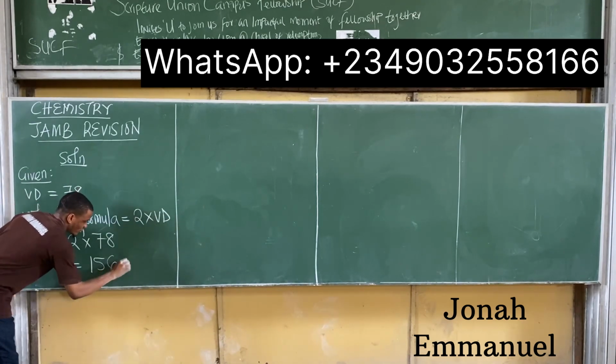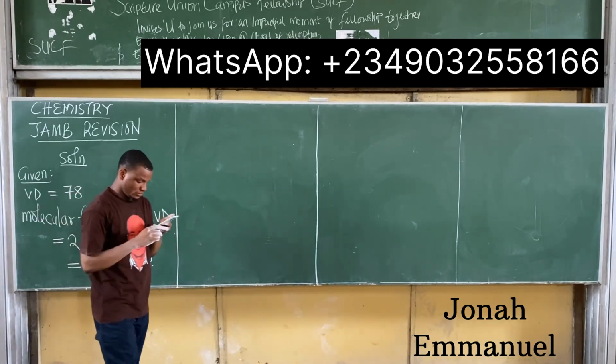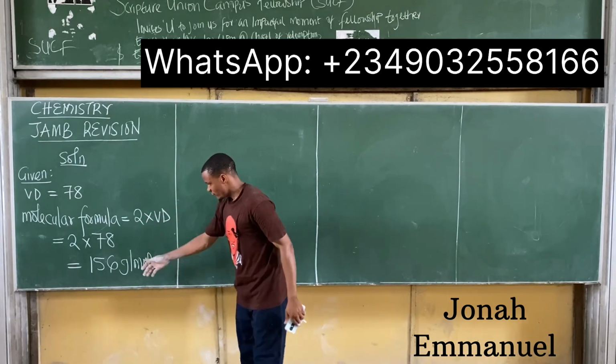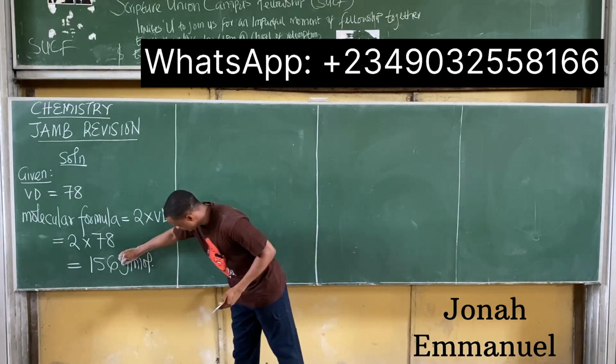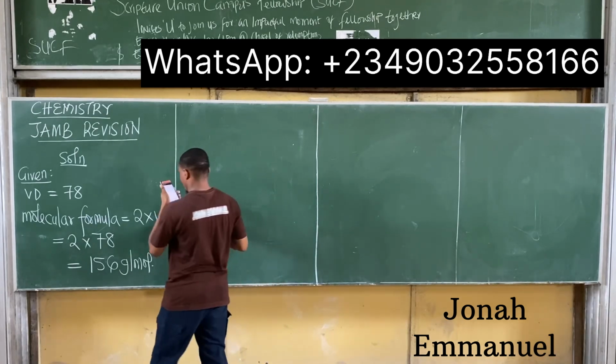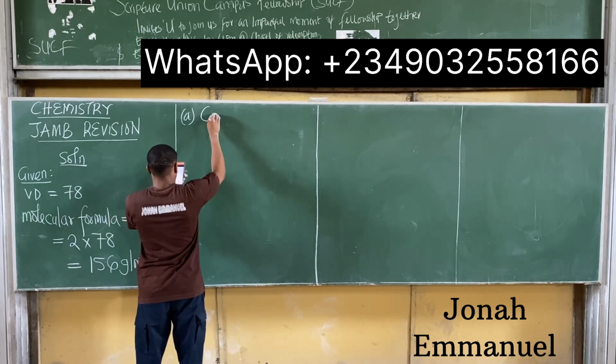Molecular formula should be in gram per mole. So I have 156 gram per mole as the molecular formula. So my option will now be, I will take each of the options. My options here: A, you have C8H6.